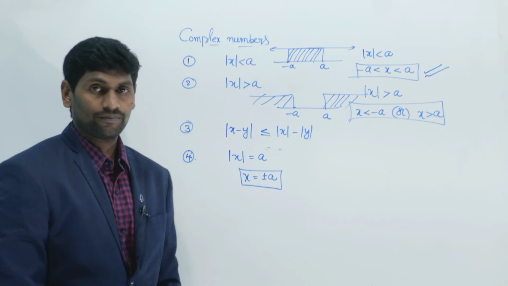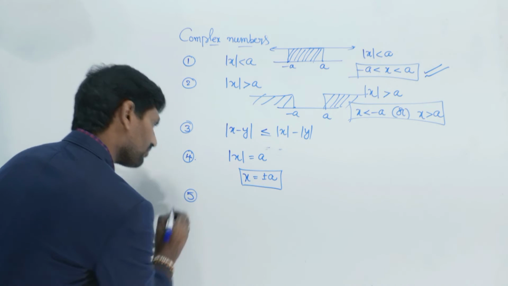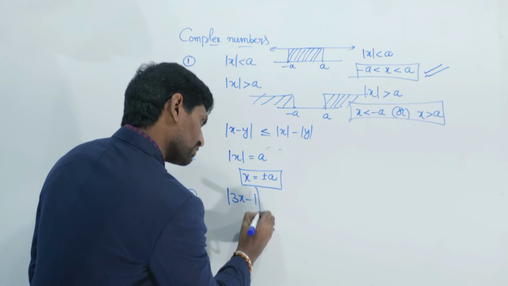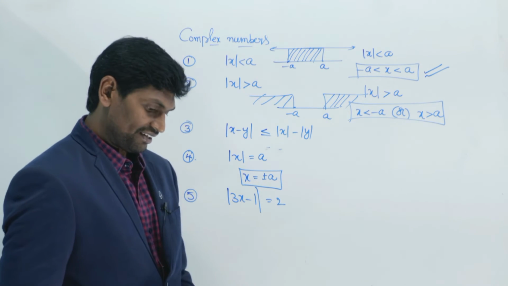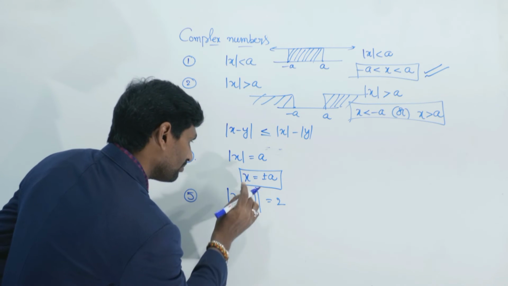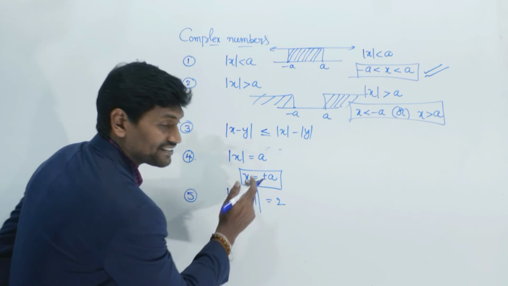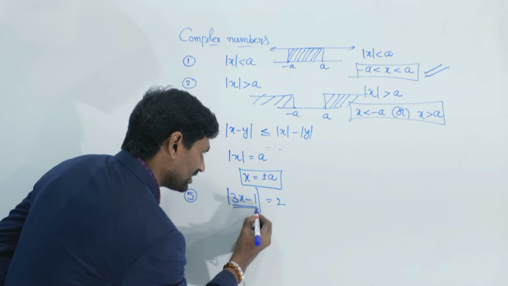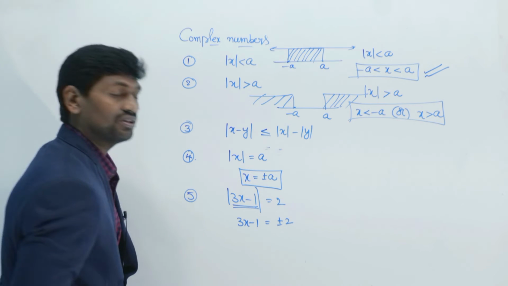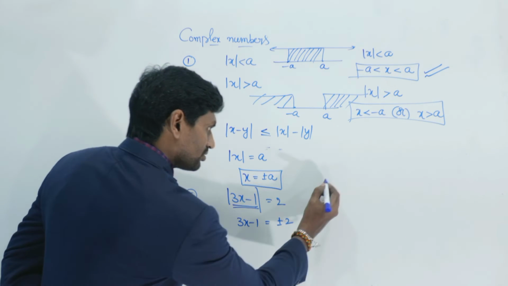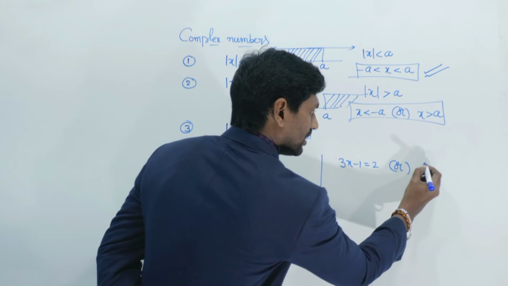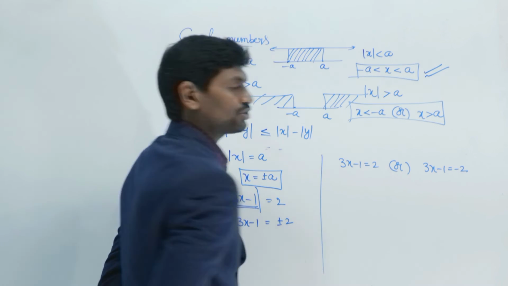Next, question number 5. Modulus of 3x minus 1 equals 2. Then find the value of x. So here two values, same as in the previous problem. Modulus of x equals a means x is plus or minus a. So in place of x, it is given 3x minus 1, so 3x minus 1 equals plus or minus 2. I am separating: first 3x minus 1 equals plus 2, and 3x minus 1 equals minus 2.